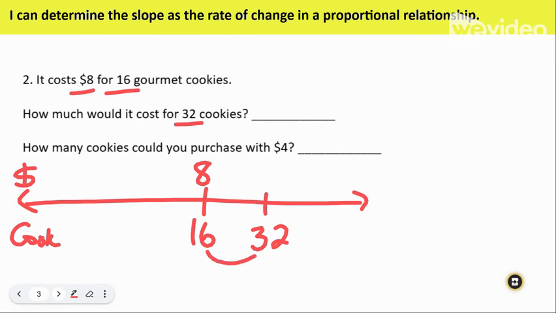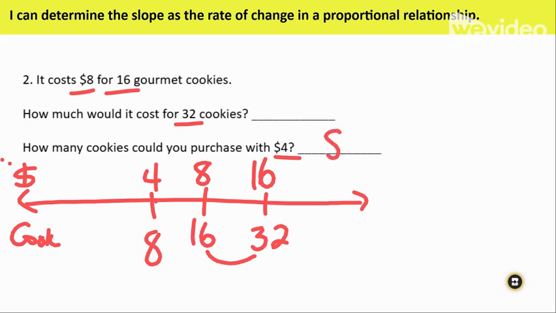So it looks like we're doubling here. So it's 16. And then it's asking me for the money right here. So 4 is what is happening, dividing by 2. So I already have my answer: the cost of 32 cookies will be $16.